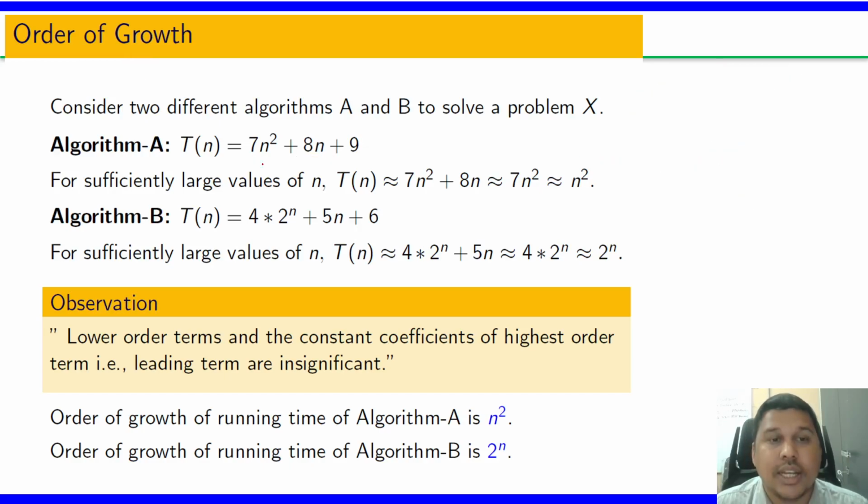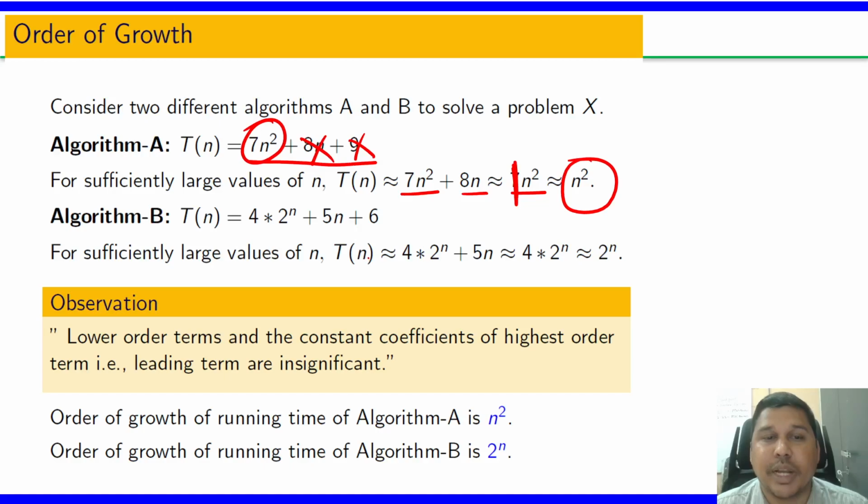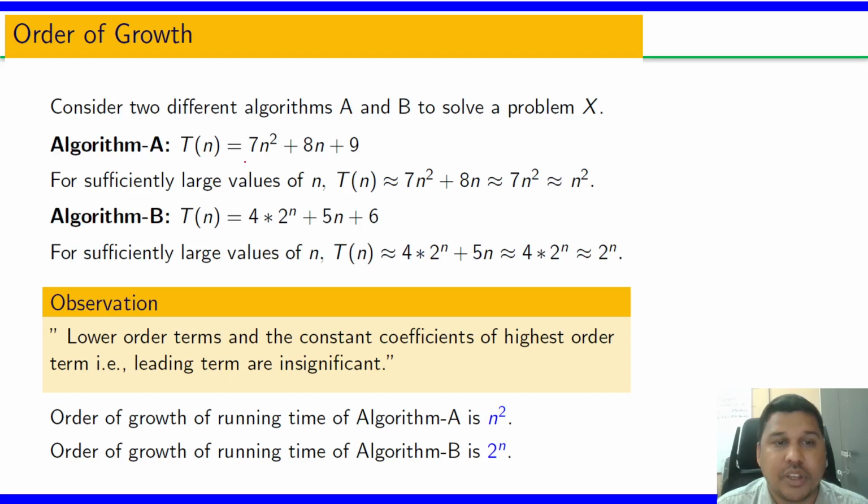In this first equation, 7n square is the higher order term. So the lower order terms should be ignored. 7n square plus 8n, again 7n square, and after that any constants with that higher order term should be removed. So this becomes n square. This is the order of growth for this equation. The order of growth is nothing but n square.